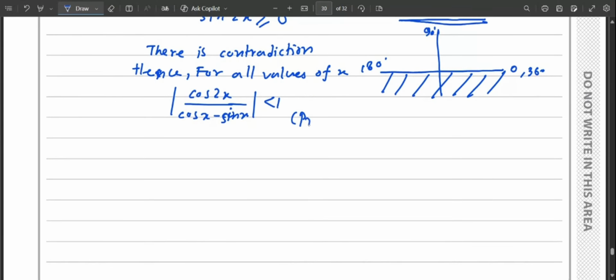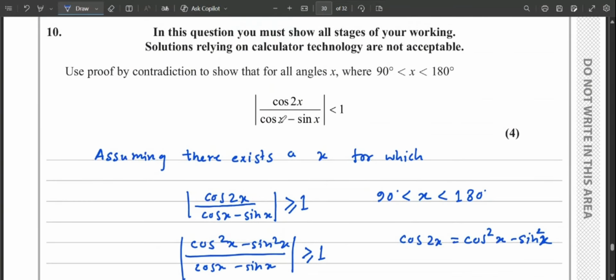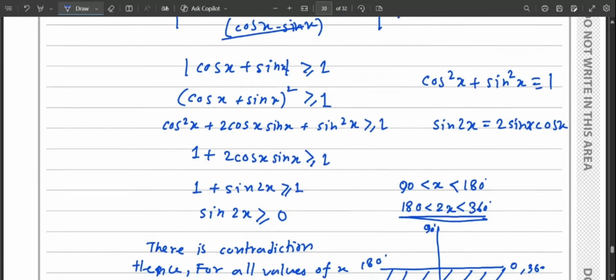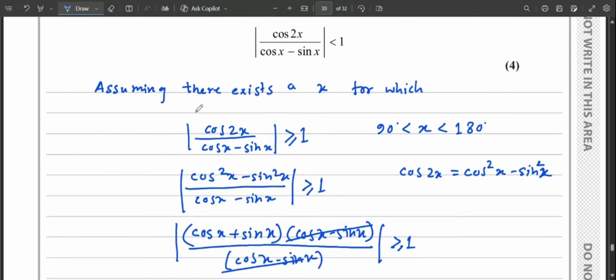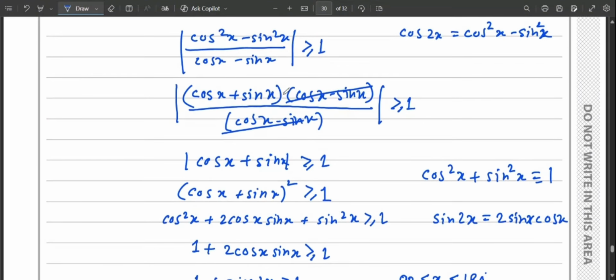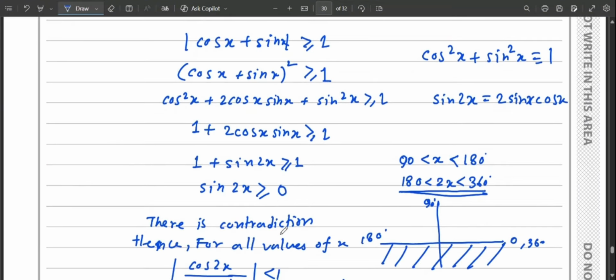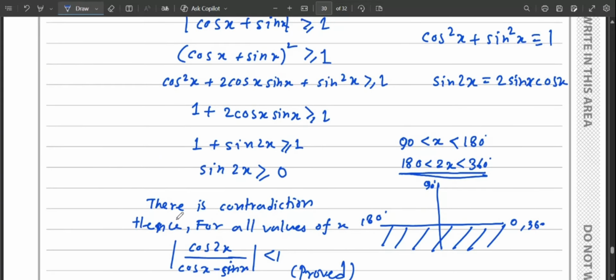So we have proved the statement in our question. At first we assumed the opposite and then we tried to prove the opposite statement true, but we found a contradiction, and as we found a contradiction, we can say that the statement in the question is true.